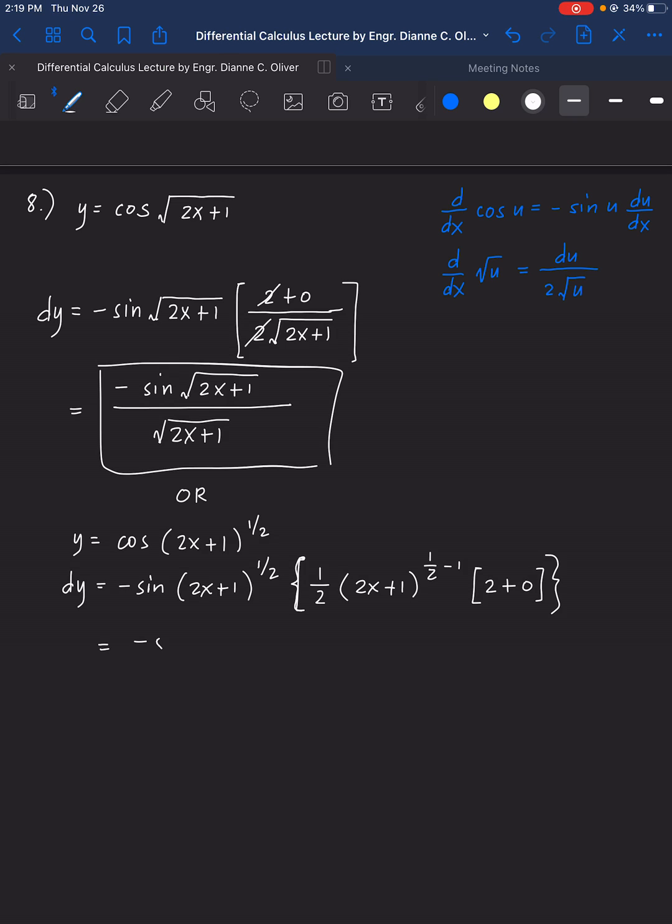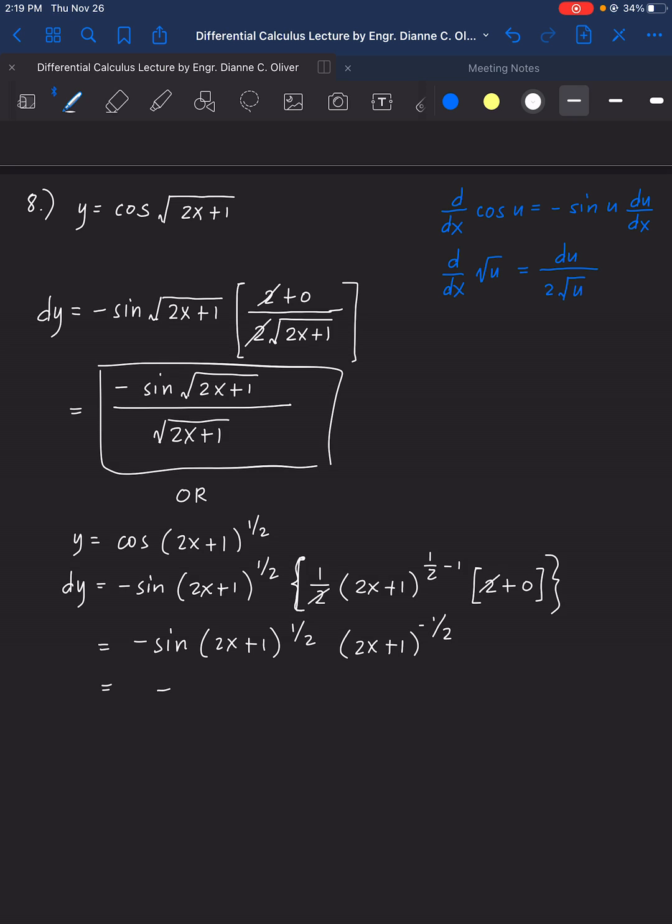Then that is negative sine 2x plus 1 raised to 1/2. Then we can cancel out the 2 here. So what's left is 2x plus 1 raised to negative 1/2. Again, you cannot multiply this with this portion here because that is the angle.